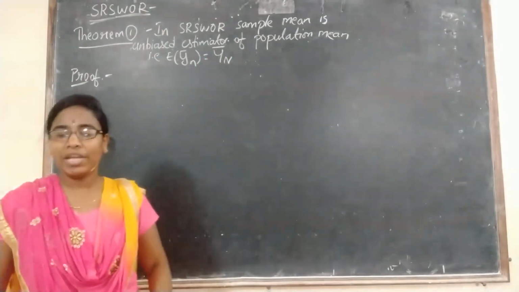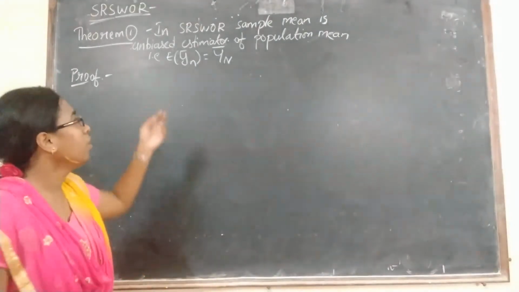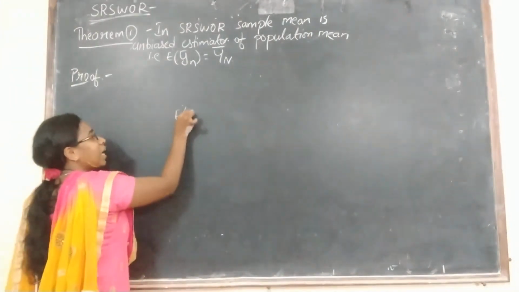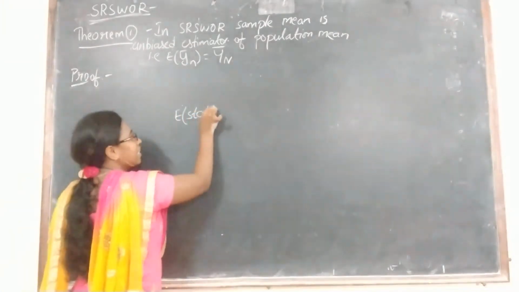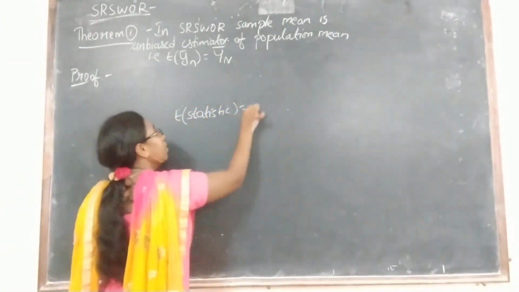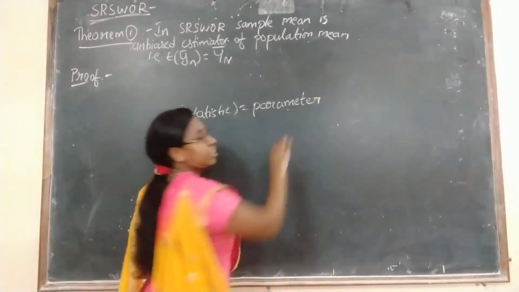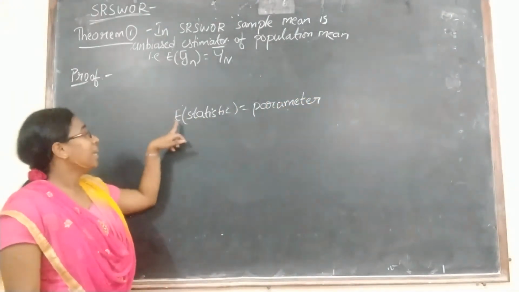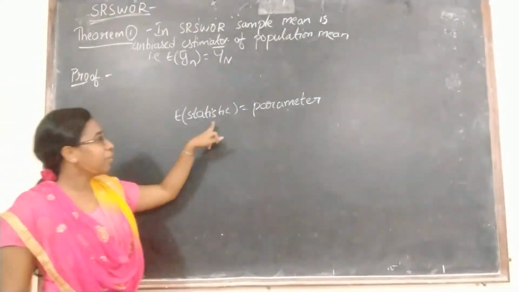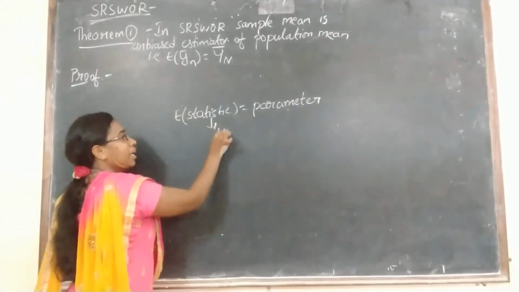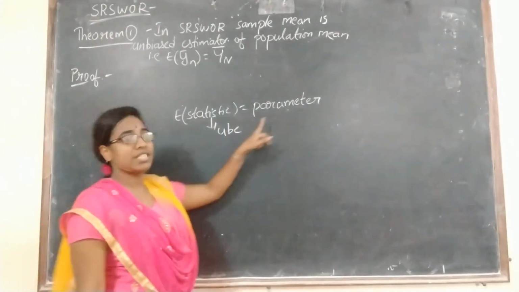Unbiased estimator means the expected value of any statistic is equal to the parameter value. We have learned in estimation theory, that is fourth semester, that if the expectation of a statistic is equal to the parameter, then the statistic is said to be an unbiased estimator for this parameter.